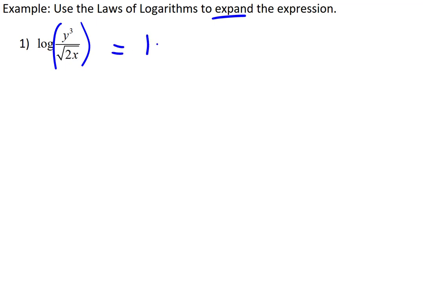We turn it into a difference of logs, where the first term is the log with the same base, so now it's just a log base 10 with the base not even written, of the numerator. So we have log of y cubed first. Then we subtract log with the same base, but this time of the denominator, square root of 2x. So that's our first step, just applying the quotient law of logarithms here.